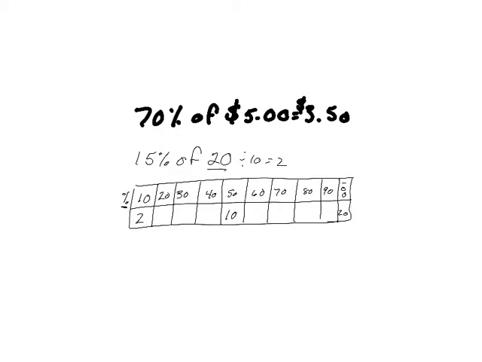All right, and if you look at these three numbers, you can pretty much work out that every 10% we go up, we're going to add on another 2. So this is going to be 4, 6, 8, 10, 12, 14, 16, 18. All right? Okay, so we've got that much.